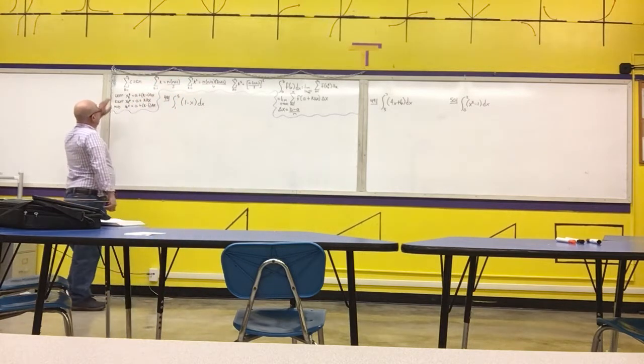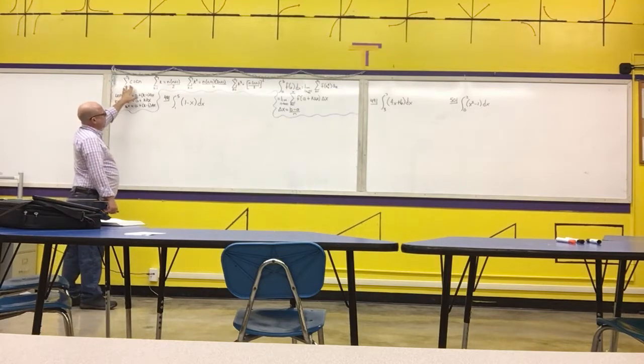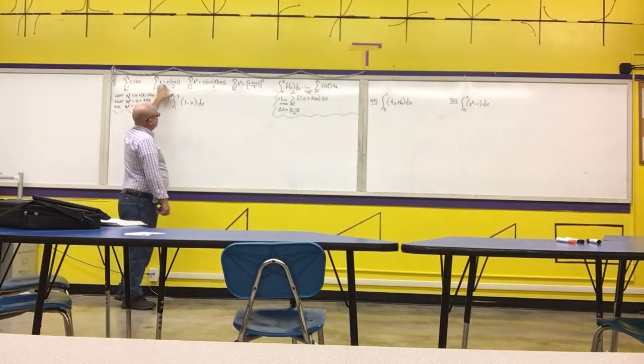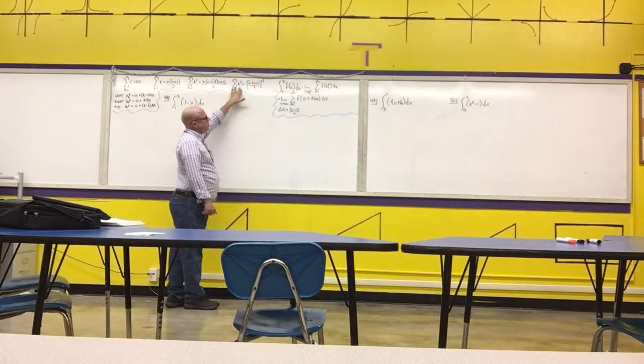It's a reminder from the first part on summation notation. We have our rules for a constant, rules for the first n integers, first n squares, first n cubes. We're going to end up using those.